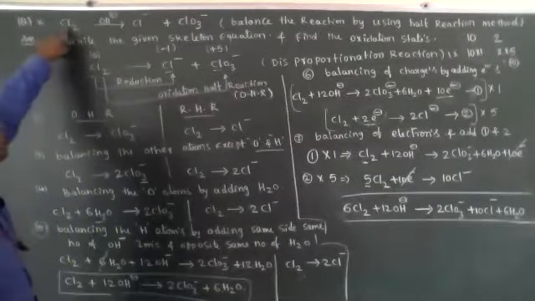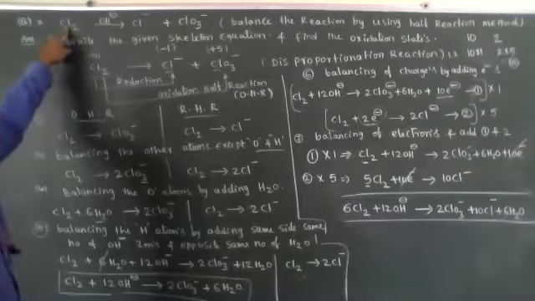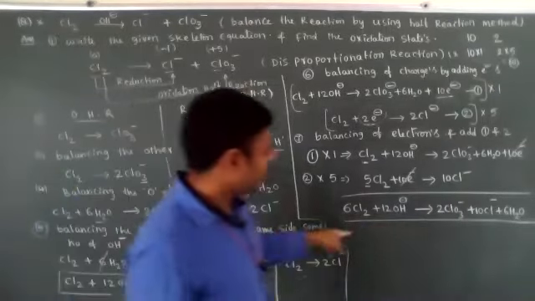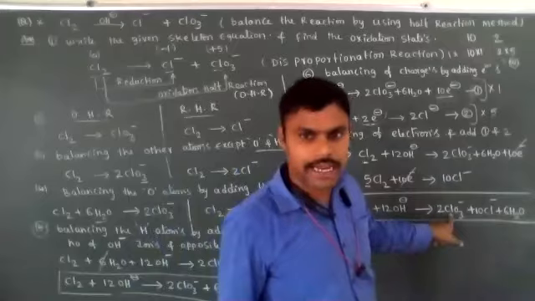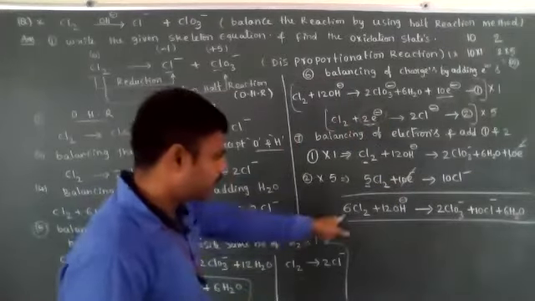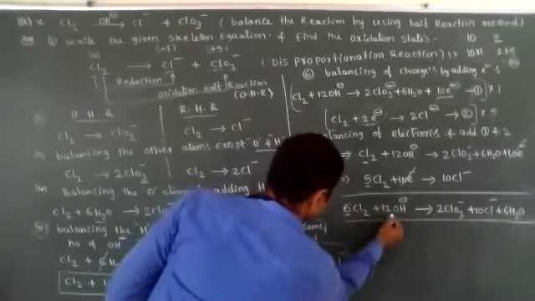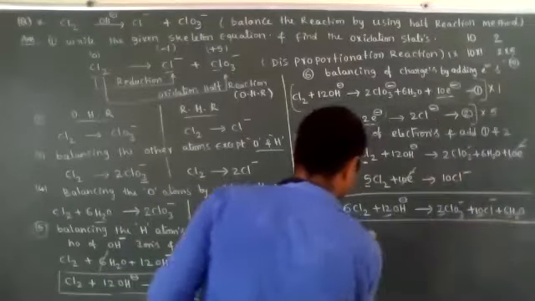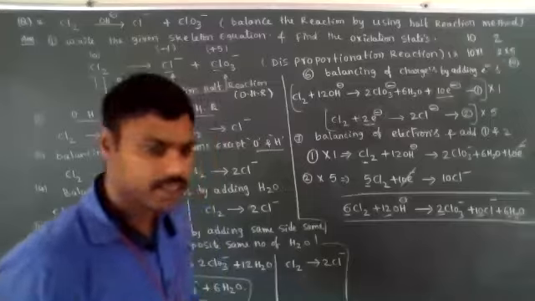So how many moles of Cl2 were used? 6 moles of Cl2 forms 2 moles of ClO3 minus plus 10 moles of Cl minus. See, all are even numbers only. This is 6, this is 12, this is 2, this is 10, 6. For all these, what is the simplest ratio?